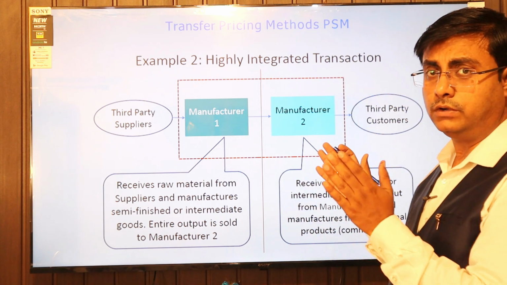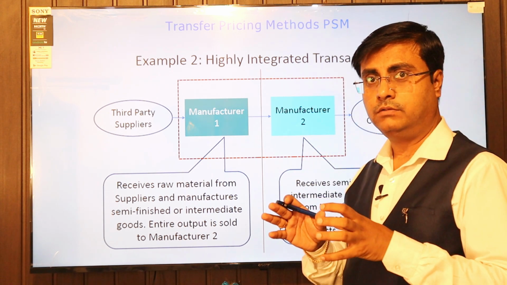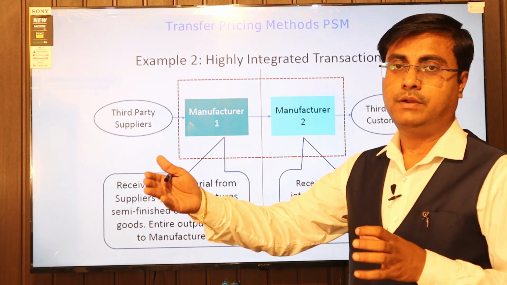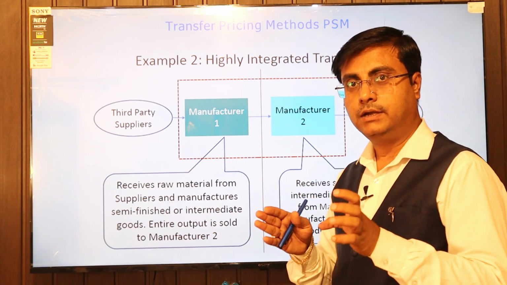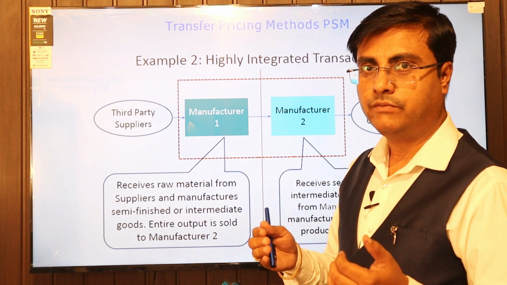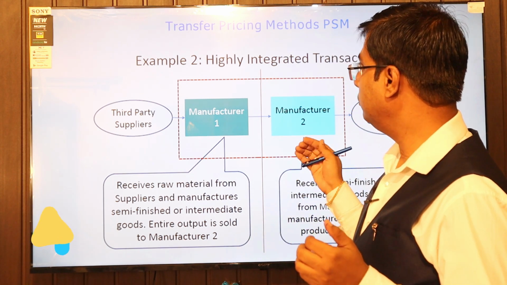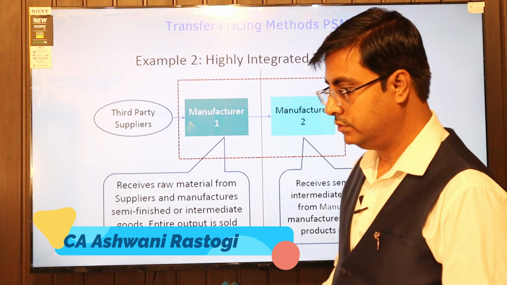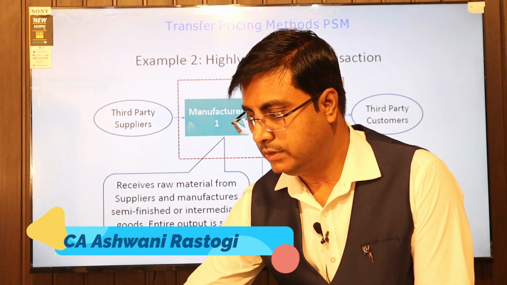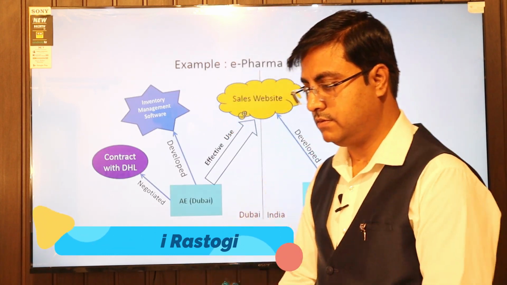So we have to see what is the total profit, what is the contribution done by our second AE. So we have to distribute profit based on the profit split method. So residual profit is also to be distributed based on this.